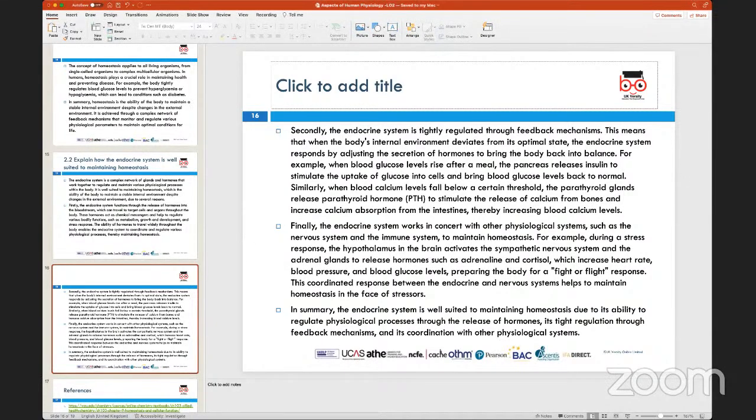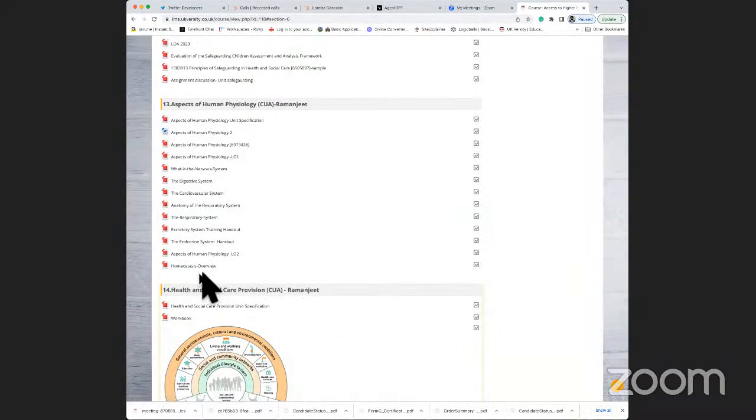So one of the things which I would point you towards to read in learning outcome 2 would be to read up on the handout of homeostasis, which will help you crystallize some of the parts of the discussion that we've done today in terms of understanding this process, with a lot of different examples that I've taken, and that would be quite useful for you to cover some of the assessment criteria.